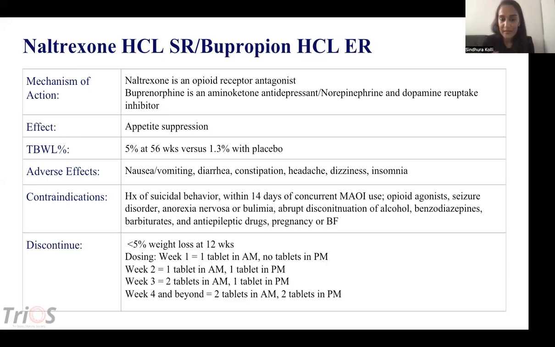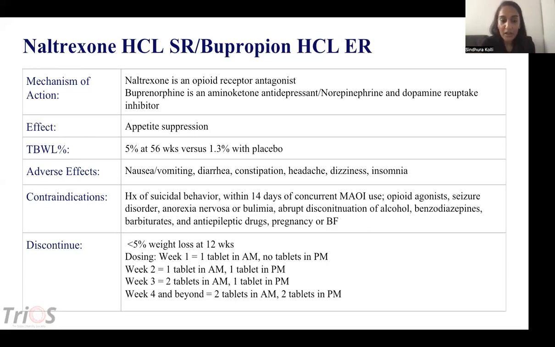Also any seizure disorder, as bupropion does decrease your seizure threshold, anorexia or bulimia history, any abrupt discontinuation of alcohol, benzos, barbiturates, use of anti-epileptic drugs, and then again, pregnancy or breastfeeding.